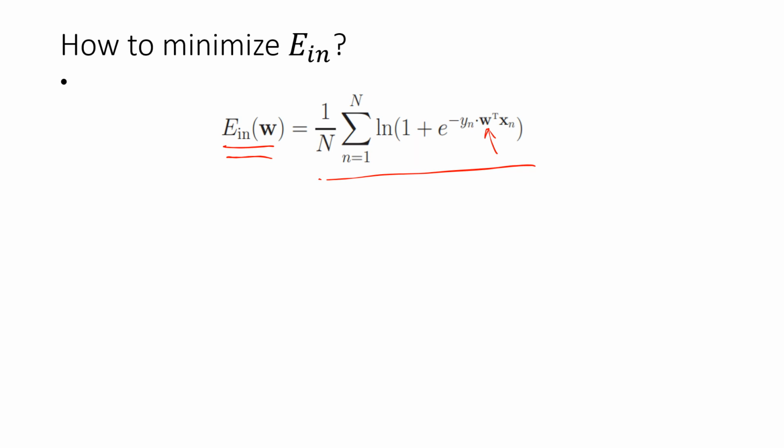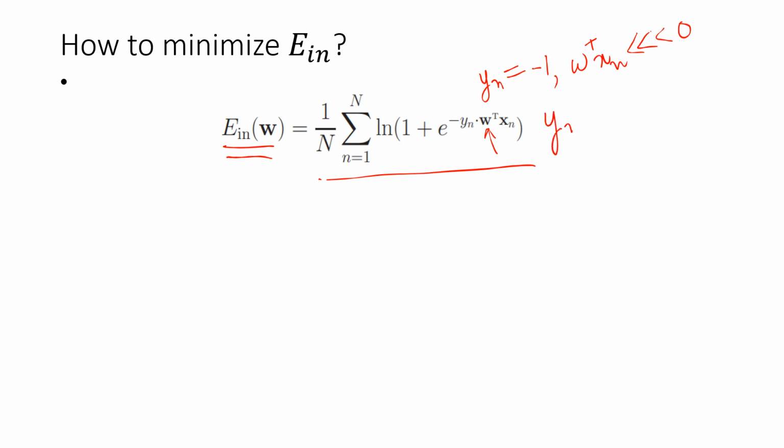That's the goal. Just by looking at the E_in itself, you can see that if my y_n, the observed value, is -1, then in order to make this E_in really small, I would require this term to be less than 0, and as far below 0 as possible.